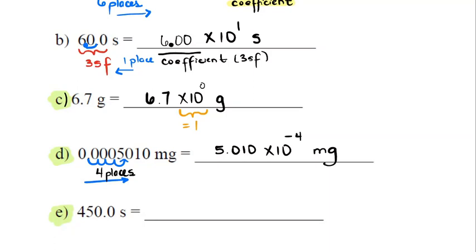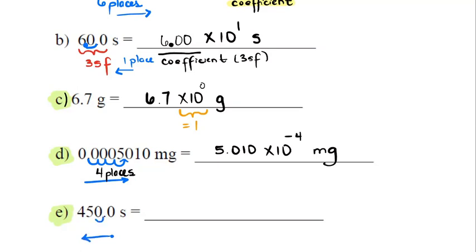Let's go through letter E, which is the last one. On letter E, as you can see, this is considered a large number because in terms of quantity, we have a measurement that has digits in the hundreds place. So when this is occurring, we are going to be moving our decimal place from right to left.